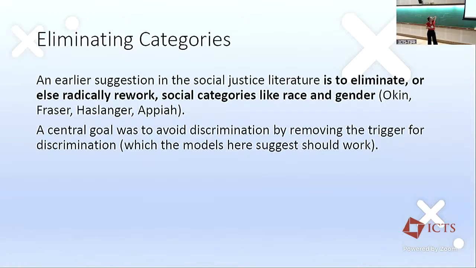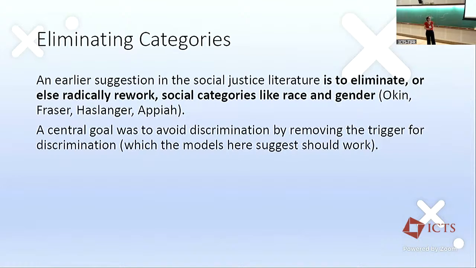So there's been a lot of work in the social justice literature going back, I think, first to the 80s that argues that what we should do is try to eliminate or radically rework social categories like race and gender. A lot of this has been written in the West, so it's been focused on those categories.